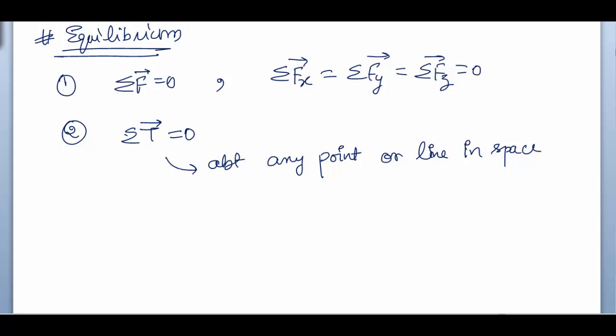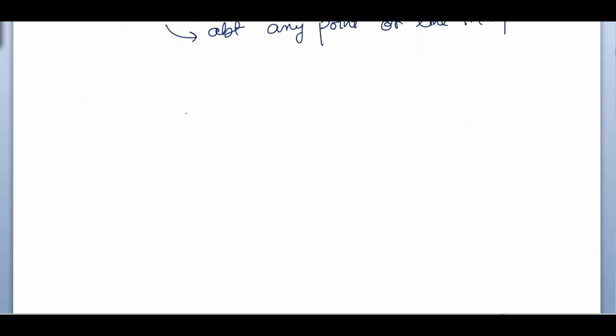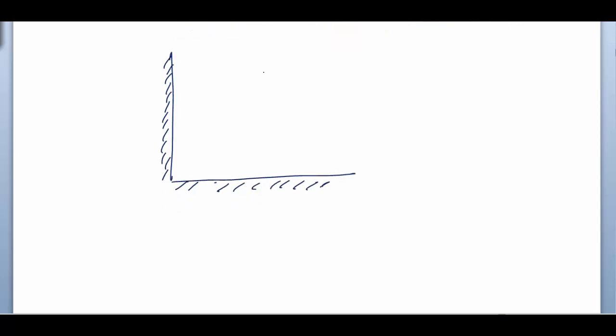We take an example by solving question. Suppose there is a wall. It is a horizontal surface and a ladder is lying inclined, making an angle theta with the vertical.